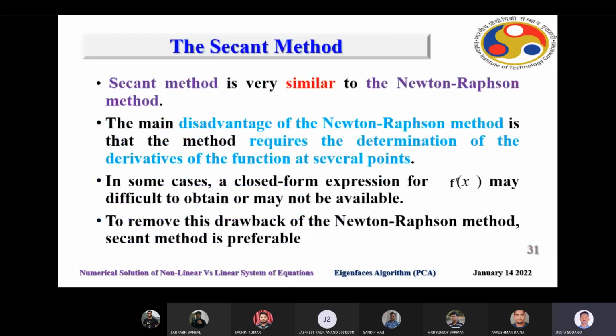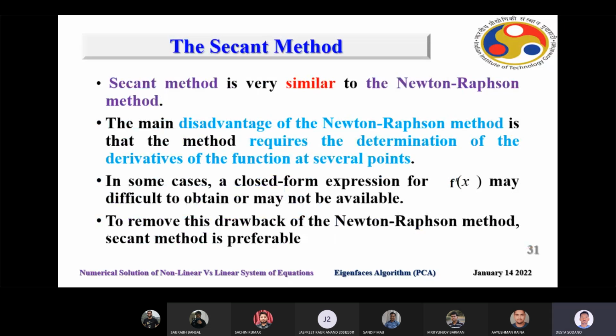The other open method we call the secant method. The secant method is similar to Newton-Raphson method. The main disadvantage of Newton-Raphson method is that it requires determination of the derivative of the function several times.